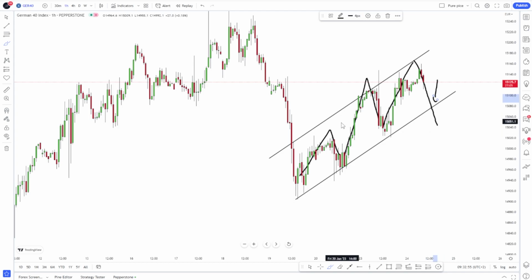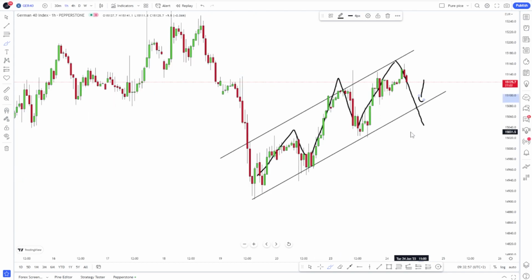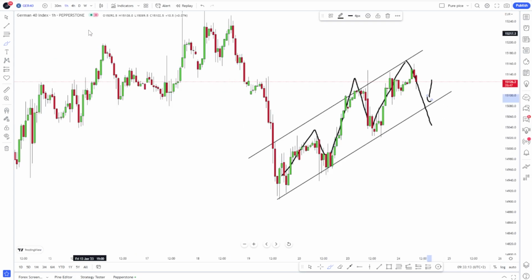So here you'll be waiting for a breakout. And remember what I said, a breakout means two things: a change in trend and also a reversal. In this case, we are anticipating a reversal. So whenever we receive a breakout, it will be a sign that it is a good time to execute a short trade.